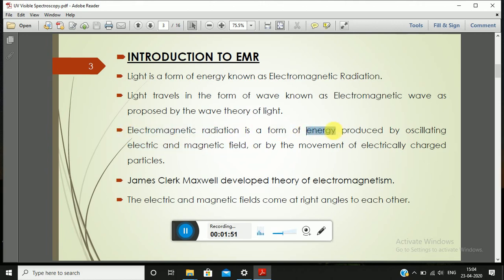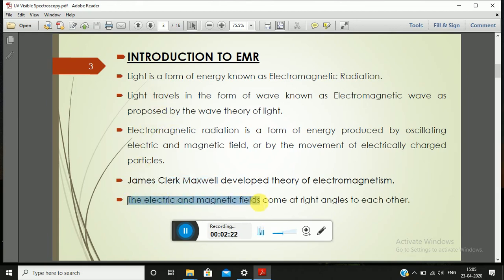It is also formed by the movement of electrically charged particles, that is, by the movement of electrons. This theory of electromagnetism was developed by James Clerk Maxwell.